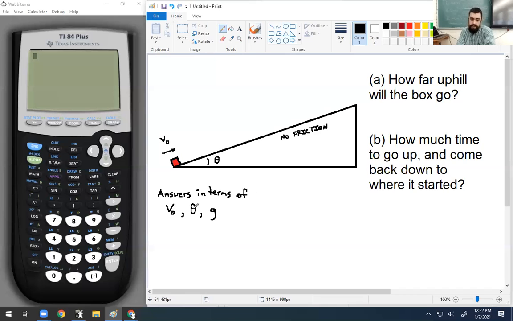Answers in terms of v0, theta, and g. You'll not be able to use terms like a. You can use them in the problem, but your final answer is not going to have any of those letters in it. You're going to keep canceling down until you find the answer that has only these letters in it. So go ahead and pause the video and then come back and we'll go over the answer.